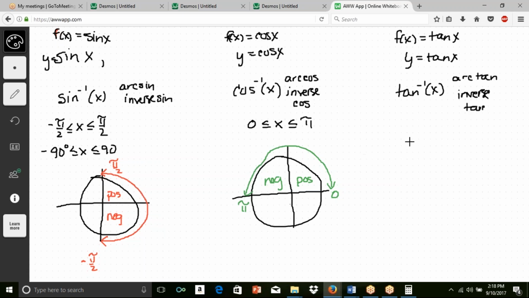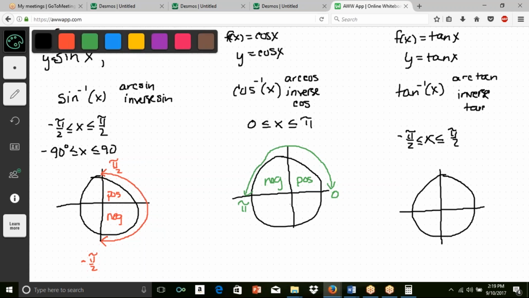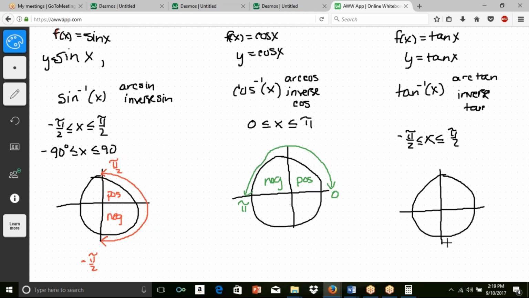And so it's restricted between negative pi over 2 and pi over 2. And then once again, on here, I'm going to be restricted between here and here.